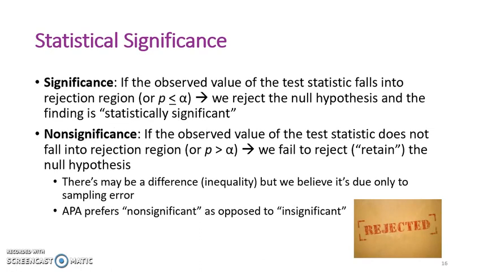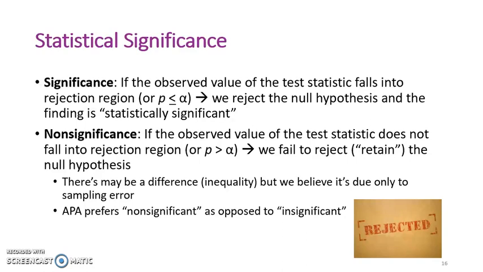Let's revisit statistical significance. If the observed value of the test statistic meets or exceeds your critical value and falls into the rejection region, those blue or green regions in the figures that I showed, you have a result that is statistically significant. Alternatively, if you are doing an analysis by computer and your p-value is less than or equal to alpha, you have a result that is statistically significant.